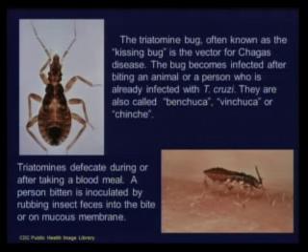And he has a gastrocolic kind of reflex. So after he bites, he poops. The infection is not transmitted by the bite. It's transmitted if you rub the fecal material into the bite. So that's not very efficient, and most people who get this infection have not been bitten one time. They have had repeated chronic exposure to the bug.